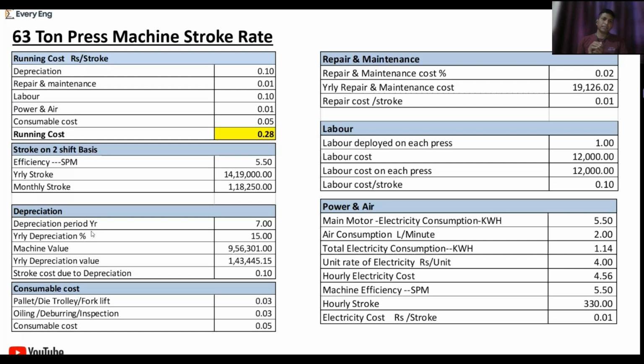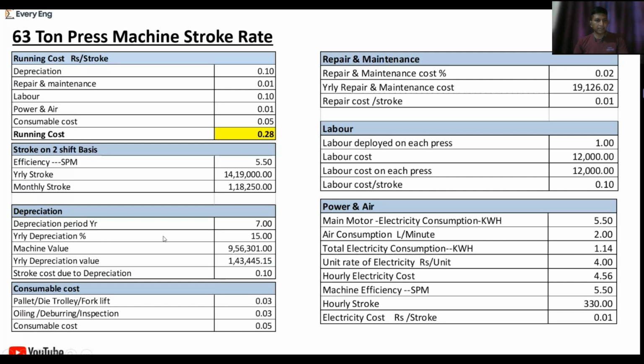In Europe they calculate the life of a press machine as only 10 years, and in India we consider 15 years, 25 years. I know very few people are also using old machines. They purchase them as scrap in other countries, rebuild and use them. So that time our depreciation cost will be different.